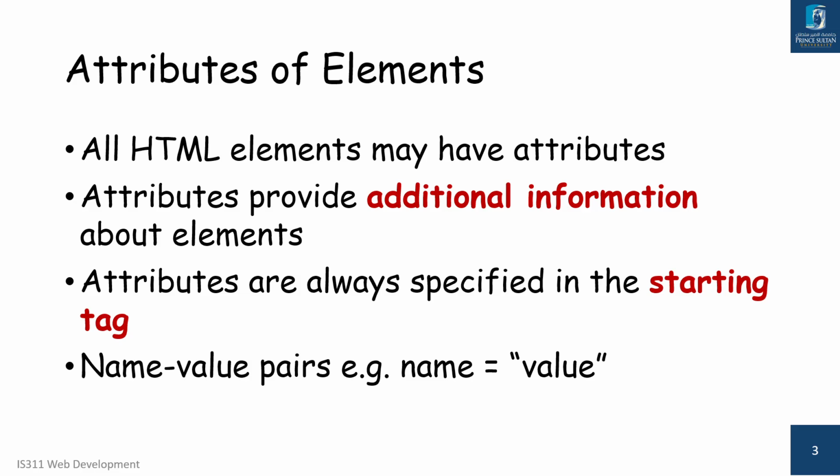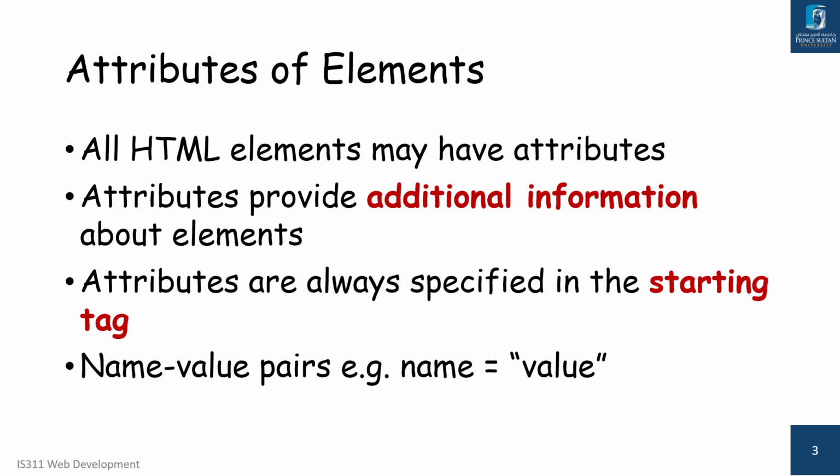Similarly, if we don't specify the source property of the image, then it will not display anything on the page because we didn't specify which image we want to display. So if we want to display an image on the page or create a hyperlink, we have to specify those properties.